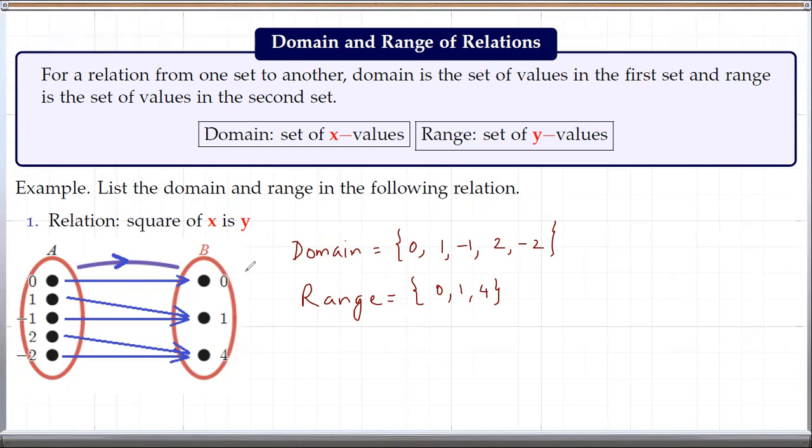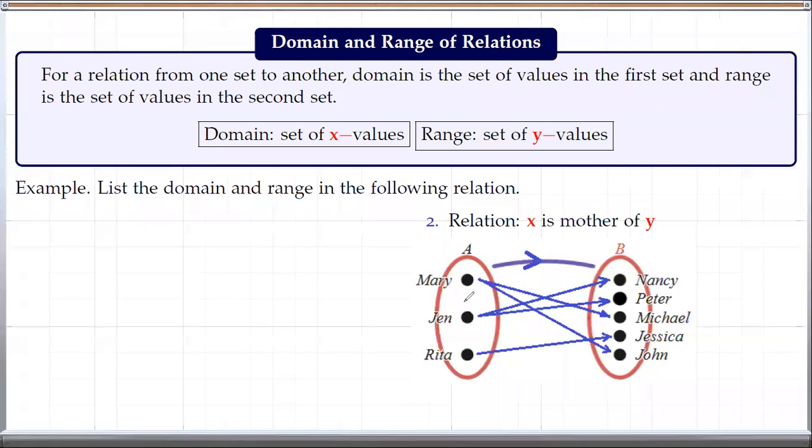The domain is simply the values from the first set. Range is the values from the second set. Let's figure out the domain and range here also. The domain is again the values in the first set. So they would be Mary, Jane, and Rita. And the range is the values in the second set.